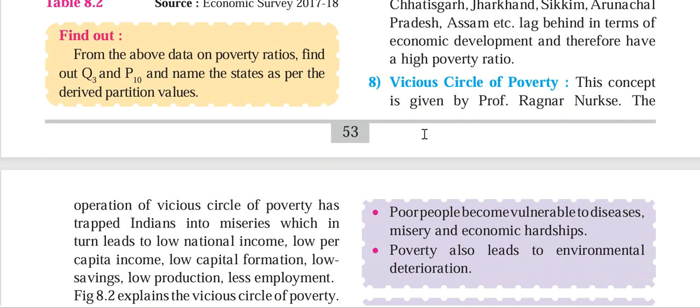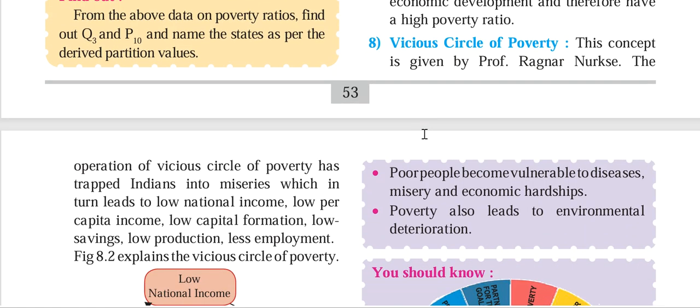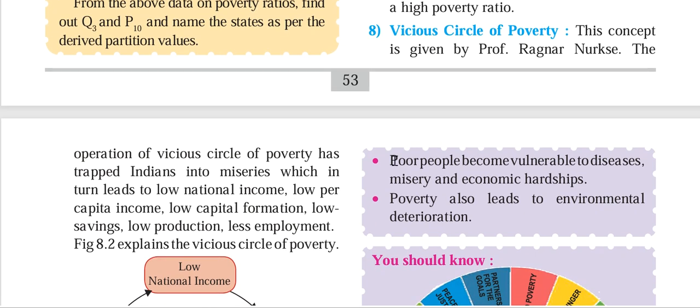Now, vicious circle of poverty. This is an important concept. This concept was given by Professor Ragnar Nurkse. Understand this carefully, like a cycle.